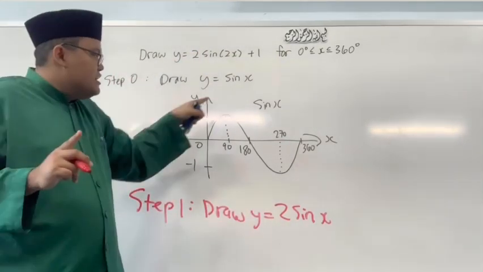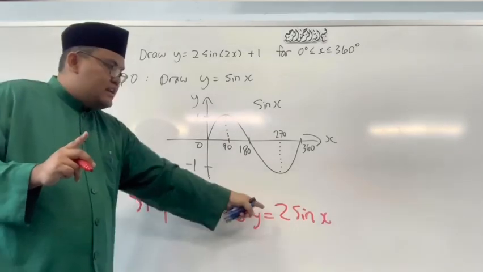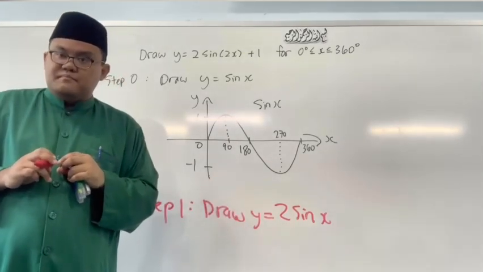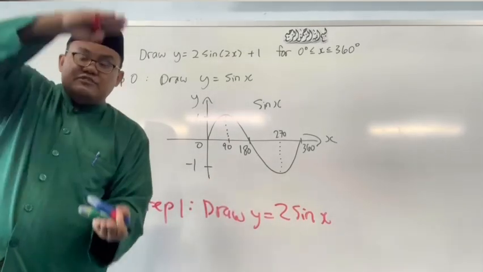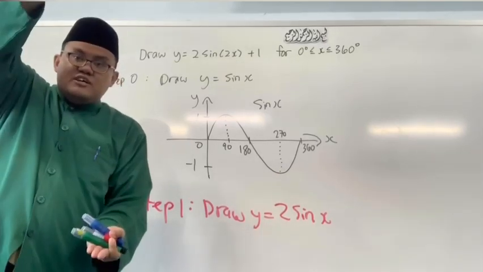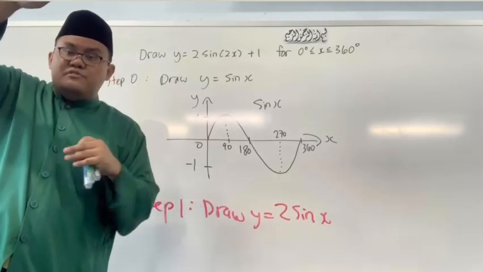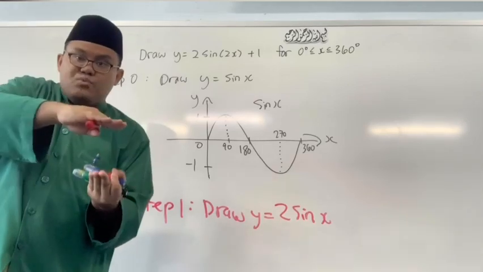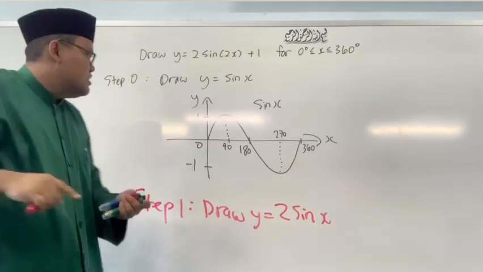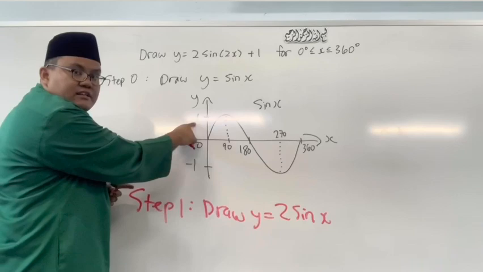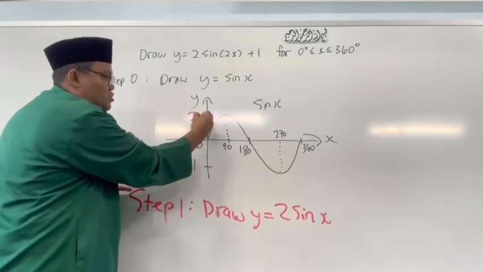Now tell me, if this was sine x, how does 2 sine x look like? Remember, it's a vertical stretch. Only a stretch. All the x values remain the same. The only change when you do a stretching is the y value. So the 1 will become 2.